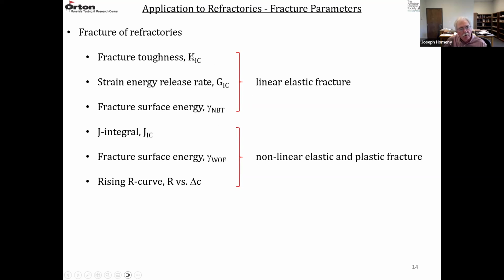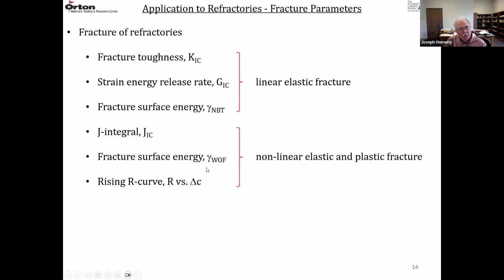So these parameters, K1C, G1C, and gamma NBT, are based on linear elastic fracture mechanics. And then for nonlinear elastic or plastic fracture, there's something known as a J integral, which is J1C. It's similar to G1C, but it accounts for nonlinear behavior.